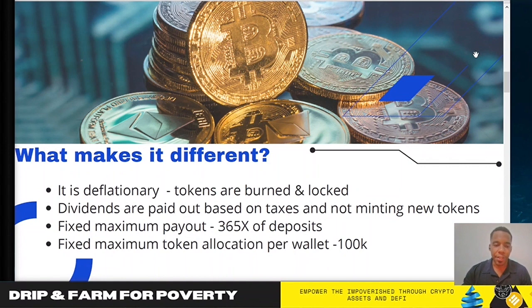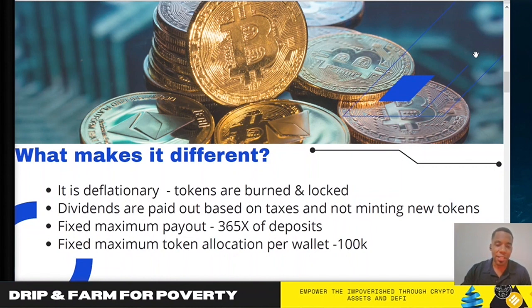What makes it different? It got its original ideas from Hex and the Bankroll on the Tron network, but what makes it different is it is a deflationary mechanism, meaning the tokens are burned and locked in the contracts. Dividends are paid out based on taxes and not minting new tokens. We'll go deeper into the tax system in the next few slides.